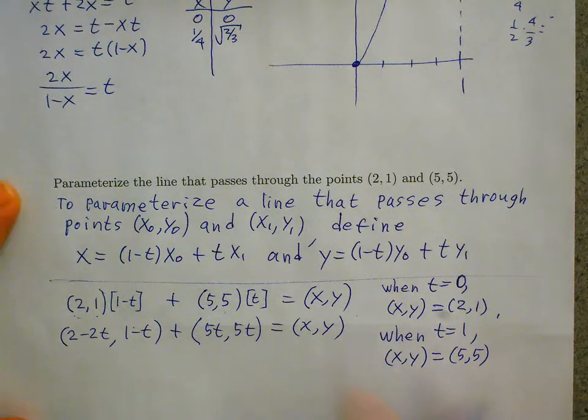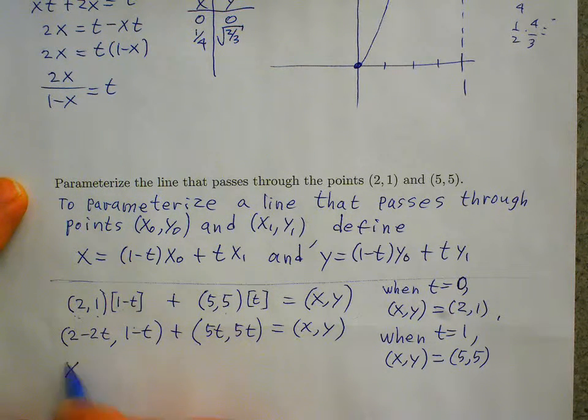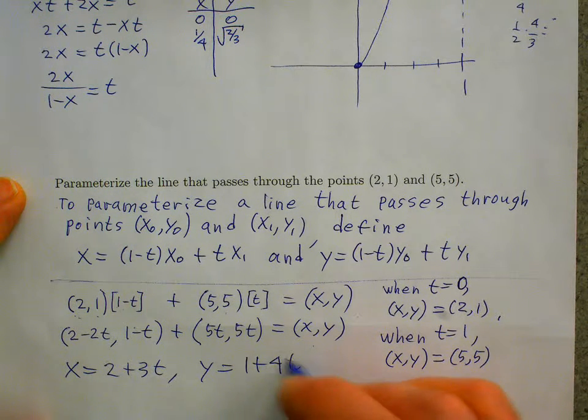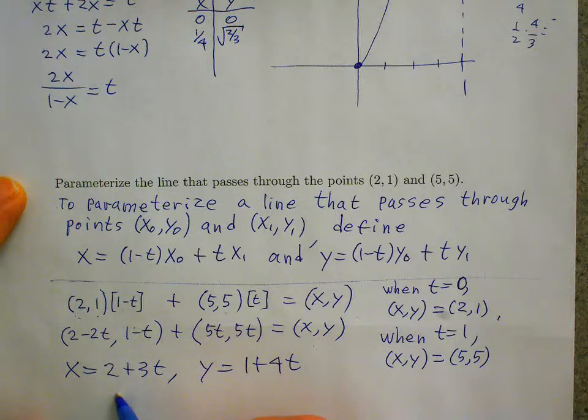If you want to write the equations separately, then x is 2 minus 2t plus 5t, which is 2 plus 3t. And the y-coordinate is 1 minus t plus 5t, or 1 plus 4t. If you want the full line, then t is any real number.